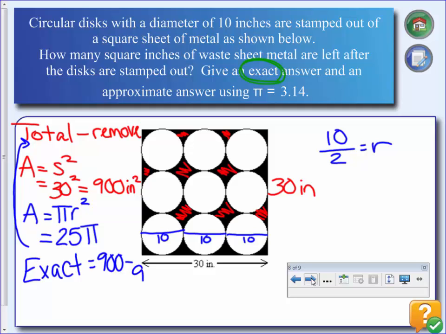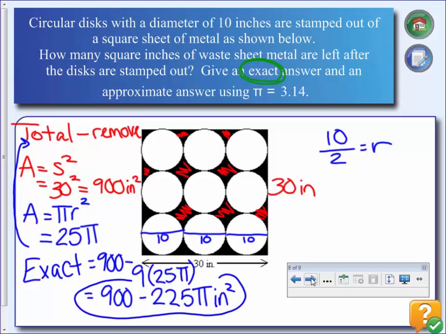So we're going to have to do 9 times 25 pi. So the exact answer would be 900 minus 225 pi, and that would be inches squared. So this is the exact answer if that's how they want you to provide it.